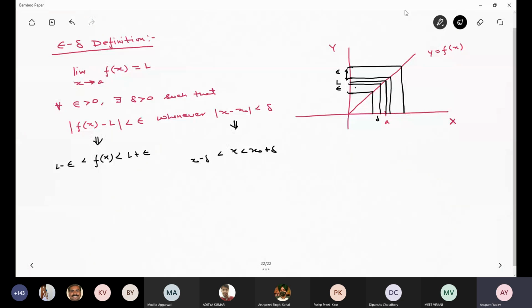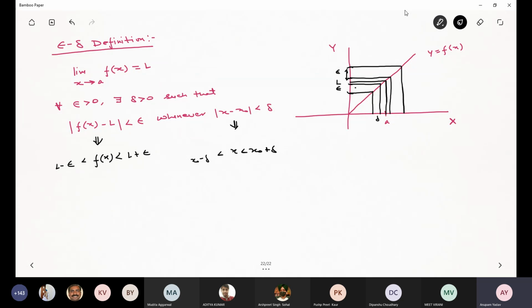You choose a different interval, you get a smaller delta. So if this epsilon delta combination exists, just try to visualize going as close as possible to A. Where would f(x) go? f(x) will go to L. This is how this definition works.